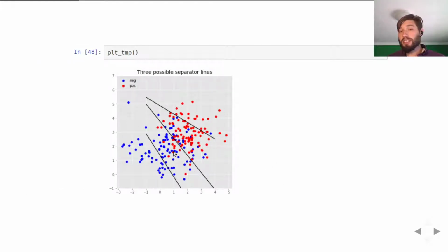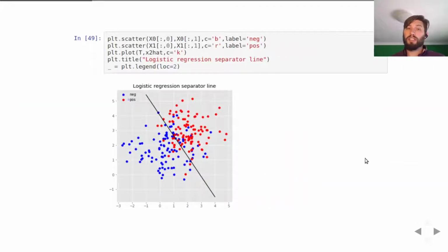As you change these lines a little bit, you're going to get big jumps in the 0, 1 loss because of that discontinuity that I mentioned before. We really want to find a line that does a good job of separating the pluses from the minuses with few misclassification errors. Logistic regression is going to turn out to be one of these ways of doing this.